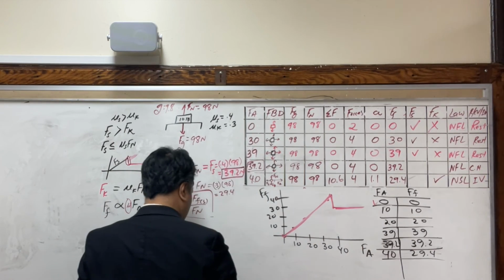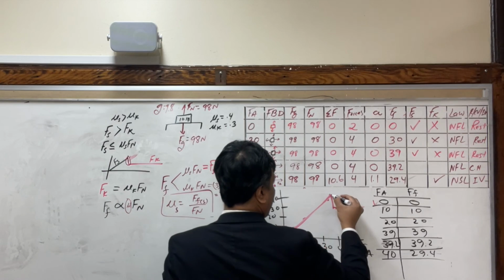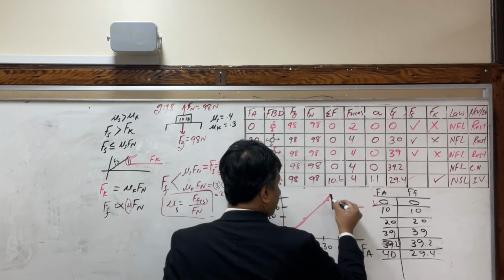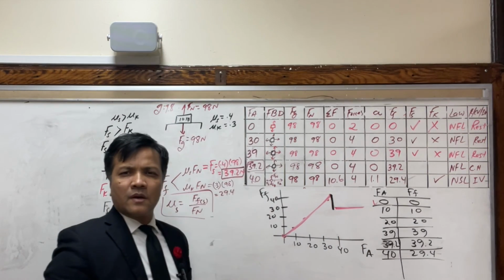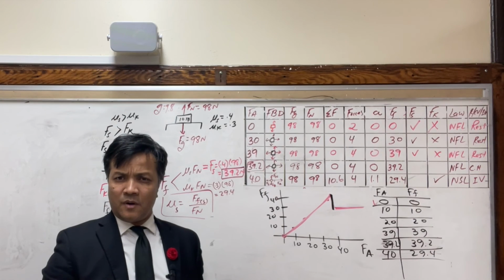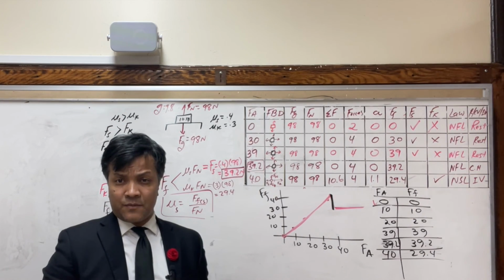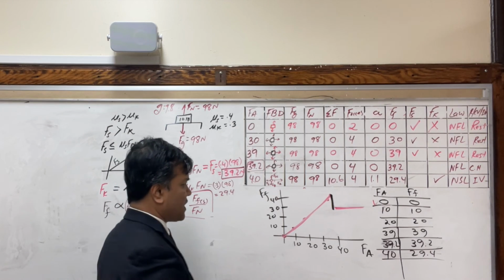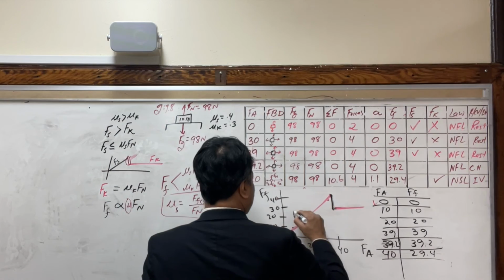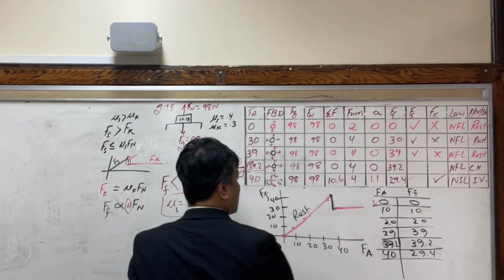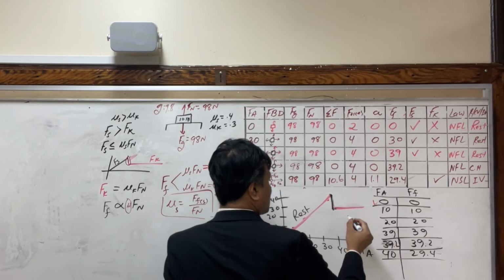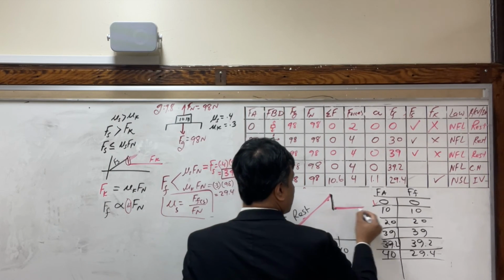So this black line, what happened? Transition happened from static friction to kinetic friction, from rest to motion. That's what is happening on this black line. Object at rest. This object in motion.